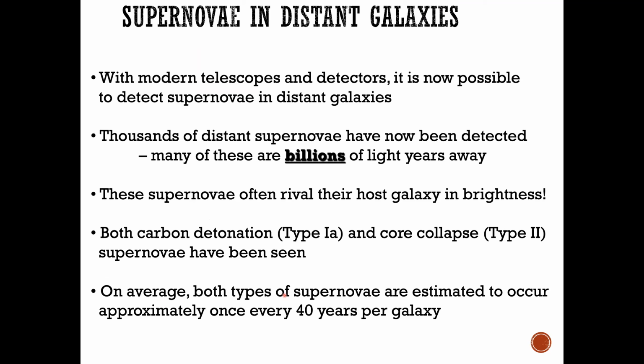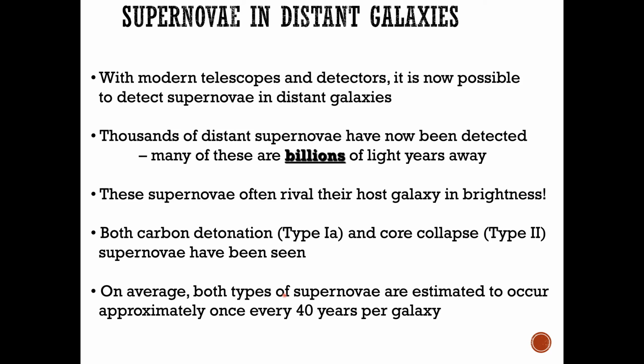Now, we have very modern detectors and telescopes, and because of that, it is possible to detect supernovas in distant galaxies. We have observed thousands of these supernovas, and most of them are actually billions of light years away from us.